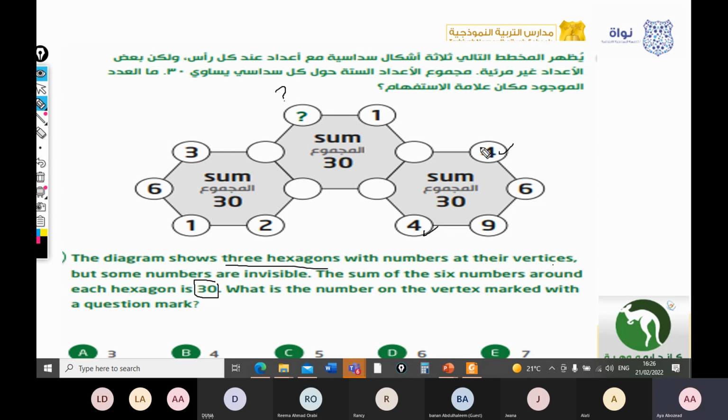You can think. Lina and Lina, we have two Linas. So I'm waiting. Remember the total, the summation around each hexagon must be 30, and the numbers are from 1 to 9, and you can repeat. Think.